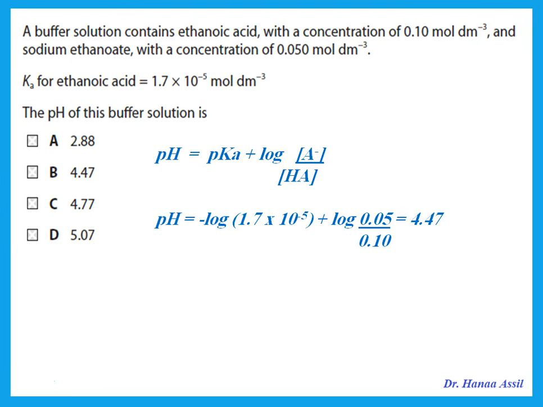The pKa is minus log of the Ka. So pH is the minus log of the Ka plus the log of the concentration of A minus, which in this case is the ethanoate ion, over the concentration of HA, which is the concentration of the acid, so that's 0.1. This gives me a pH of 4.47.